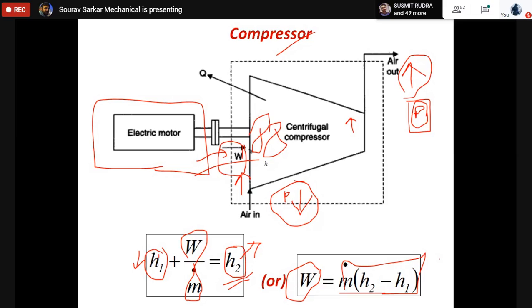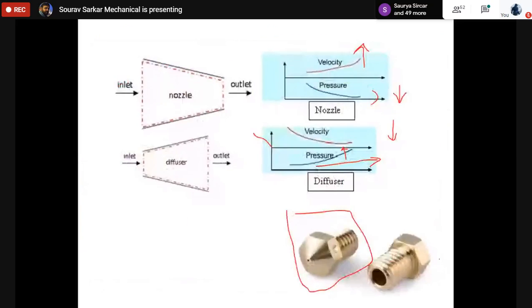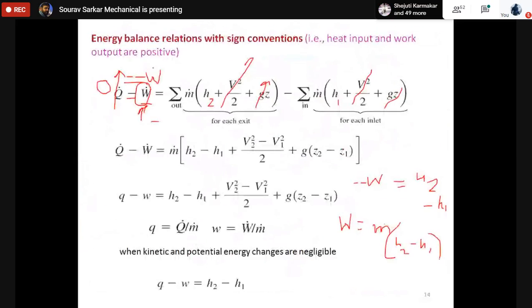Due to the application of work, there should be some change in kinetic energy inside the control volume. Right, perfect. But if we calculate the kinetic energy, the order of the difference between these two values is very small.